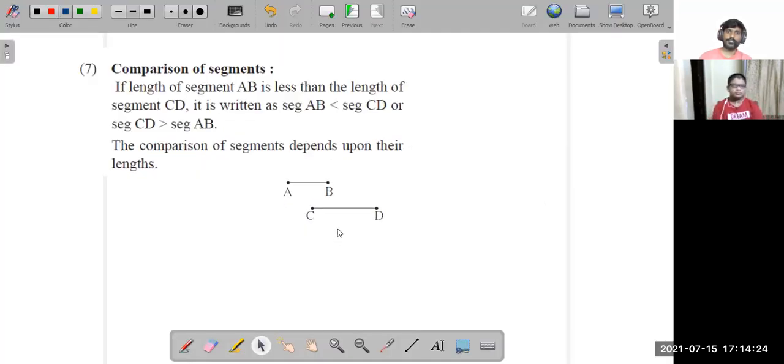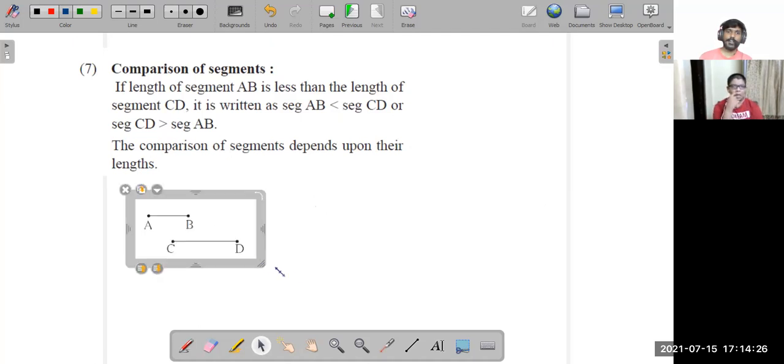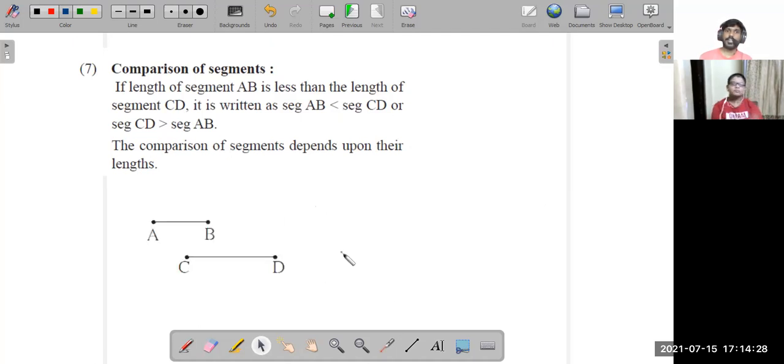So you see, if the length of segment AB is less than the length of segment CD, then you say that segment AB is less than segment CD, or CD is greater.